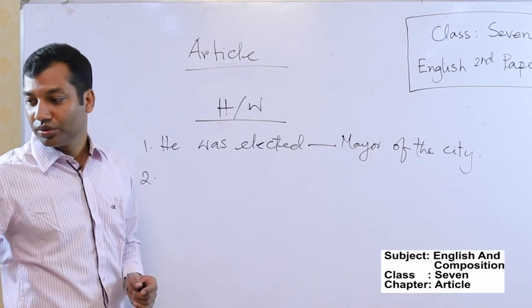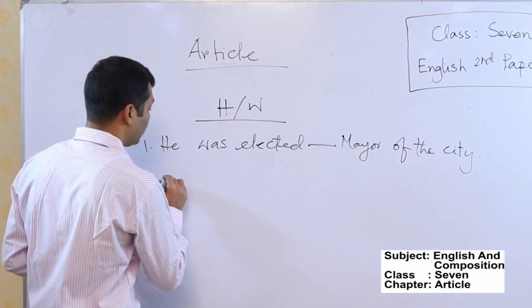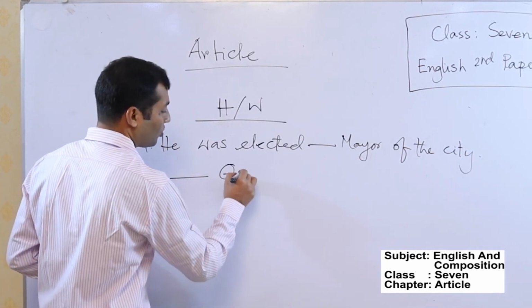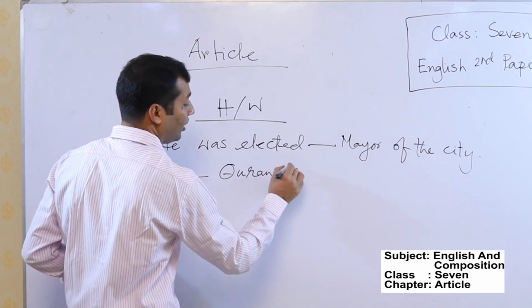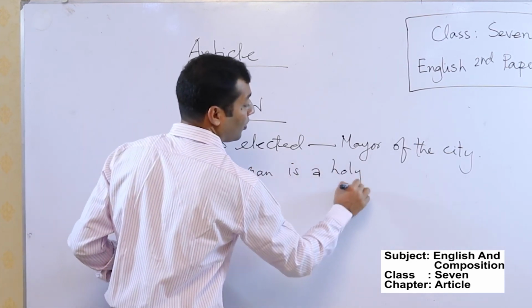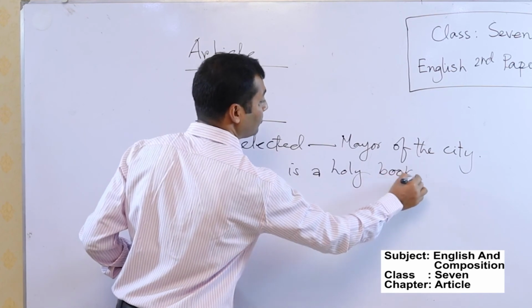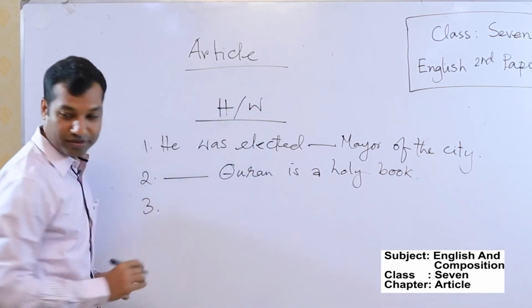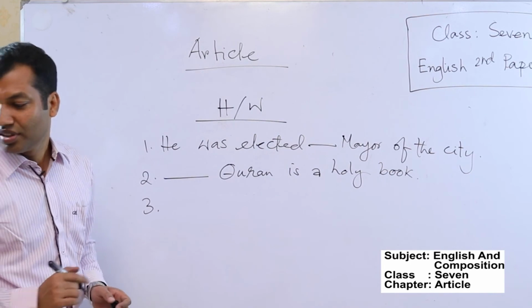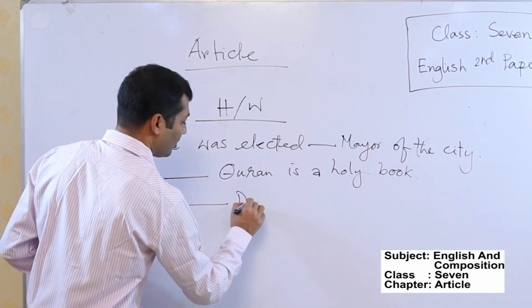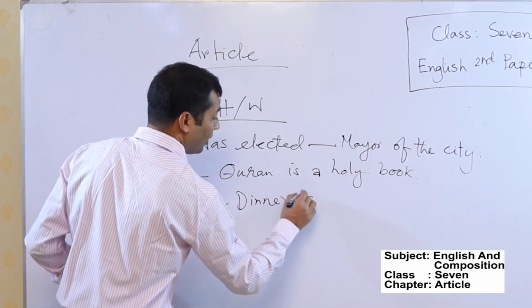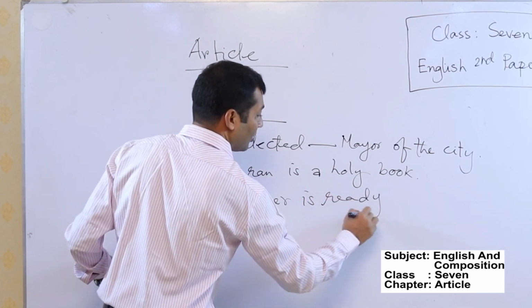Number 2, dash Quran is a holy book. Number 3, dash dinner is ready.